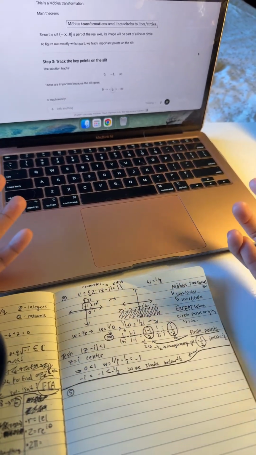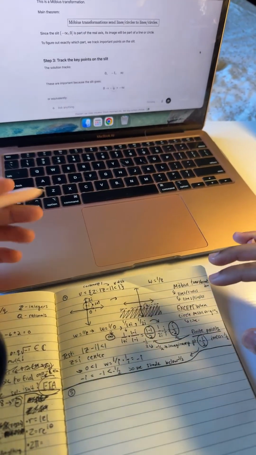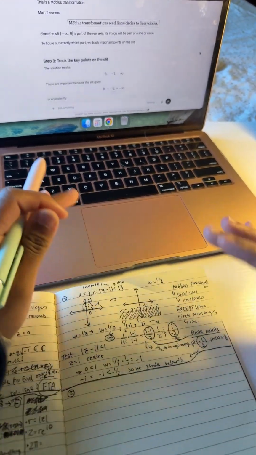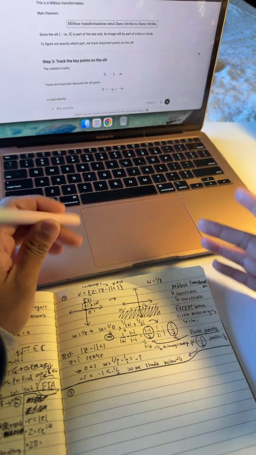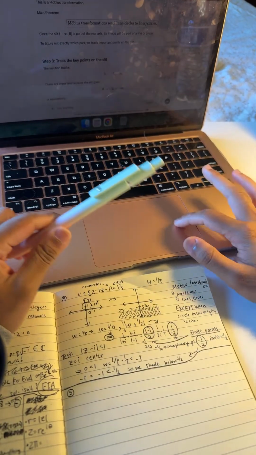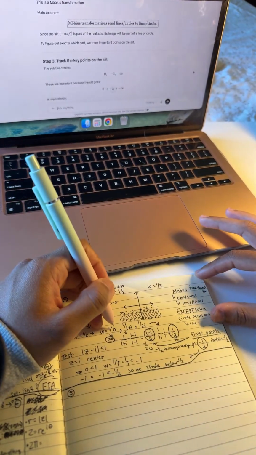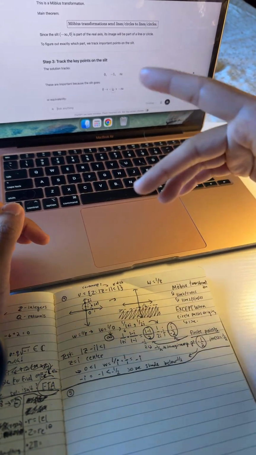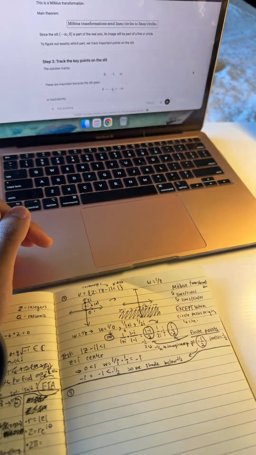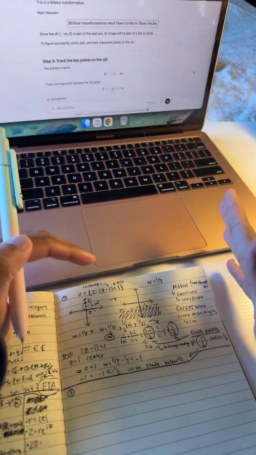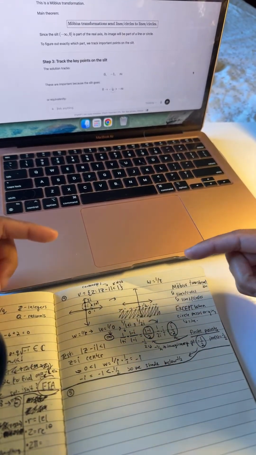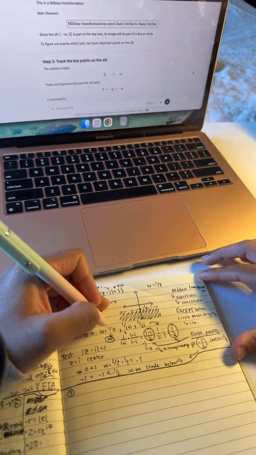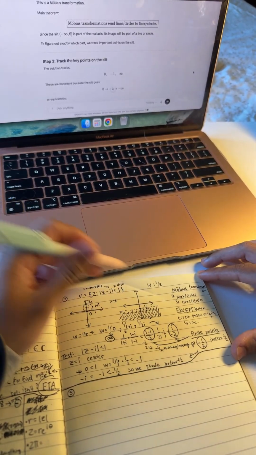You'd think it's undefined if there's a 0 on the bottom, but 0 is actually a really small number, like 0 plus or 0 negative, because in calculus, anything with a really small number on the bottom makes the whole number go towards infinity. And the same goes for a really large number: if you had 1 over a really large number, it basically goes towards 0. So over here, this point goes towards infinity when it transforms.